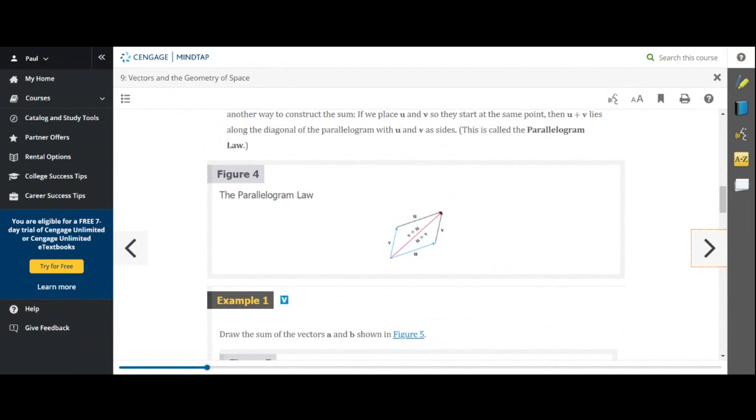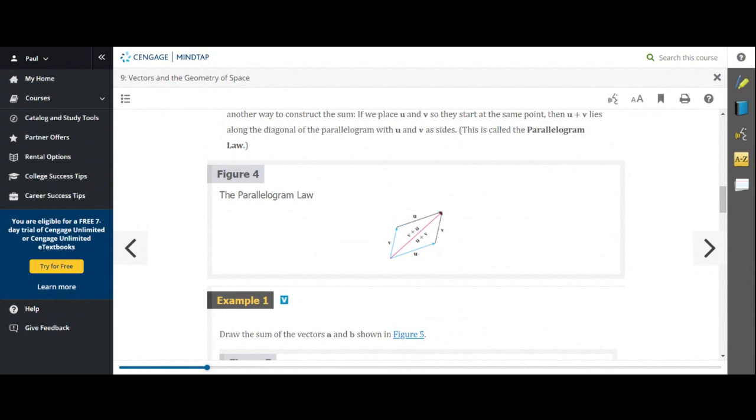But those two vectors v are the same because they point in the same direction and have the same length, and the same comment goes for the vector u. So v plus u is equal to u plus v. Okay, vector addition is commutative.